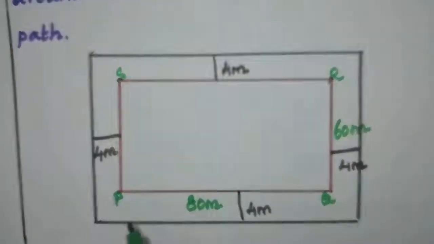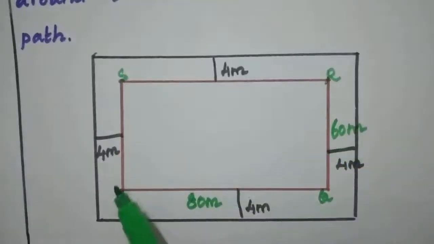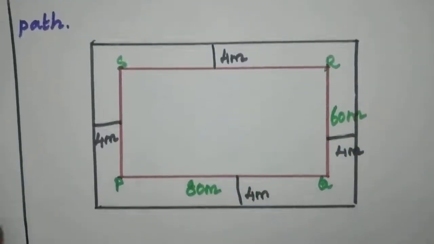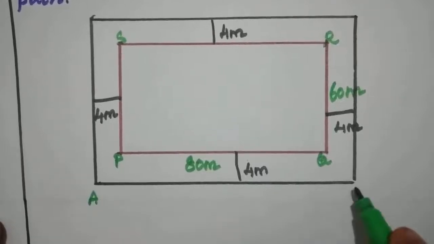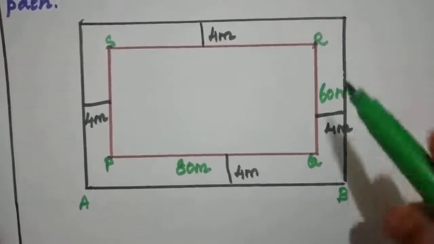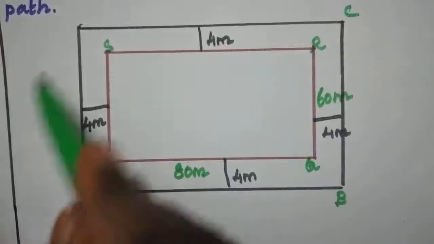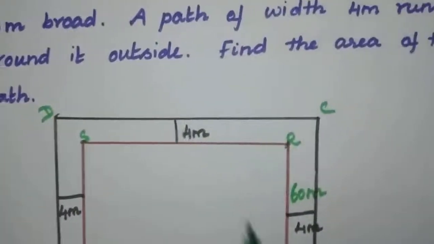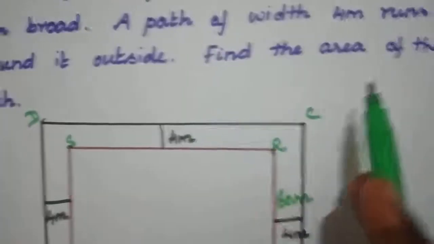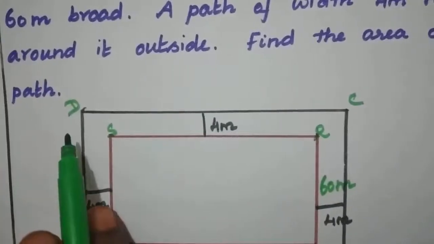There is a footpath of 4 meter that runs outside the garden. The outer rectangle we can take as ABCD. What do they ask you to find? Yes, here they ask you to find the area of the path.